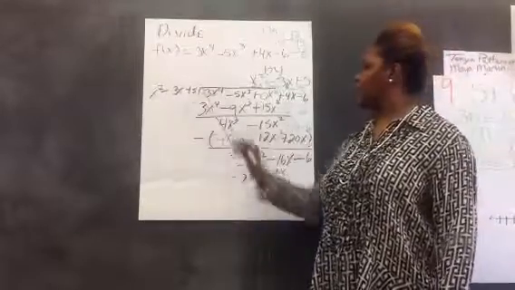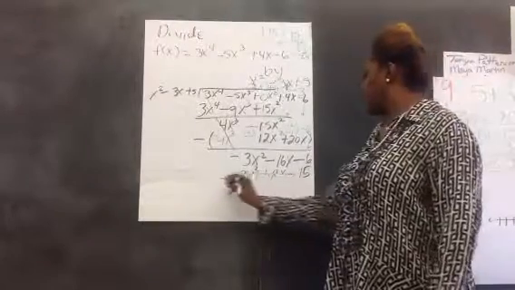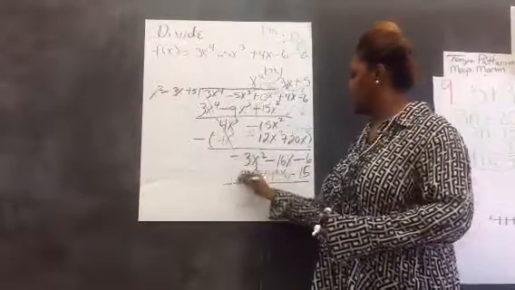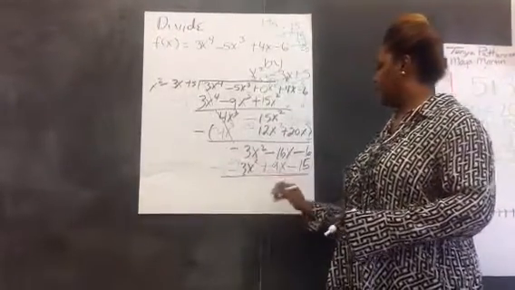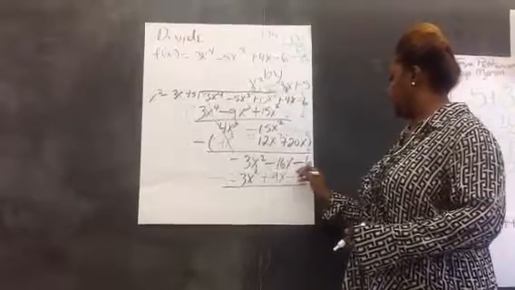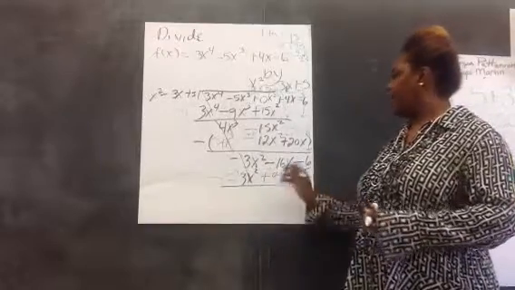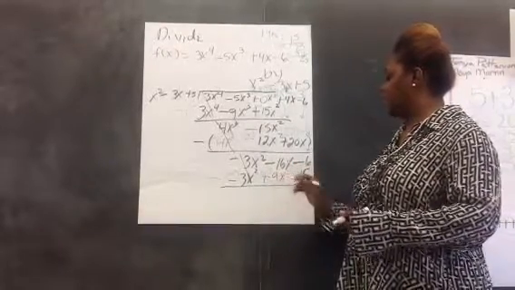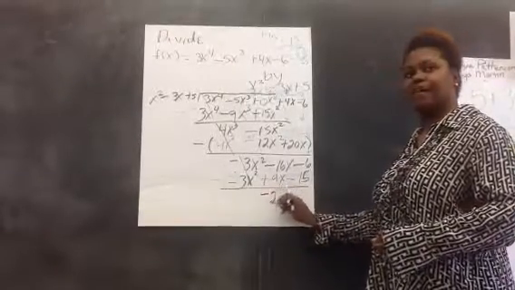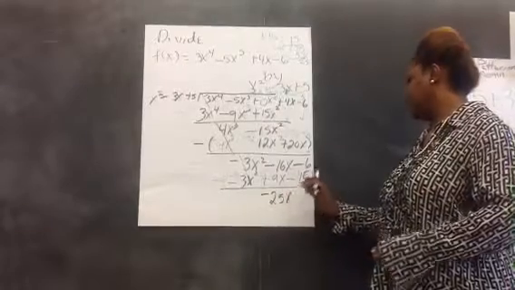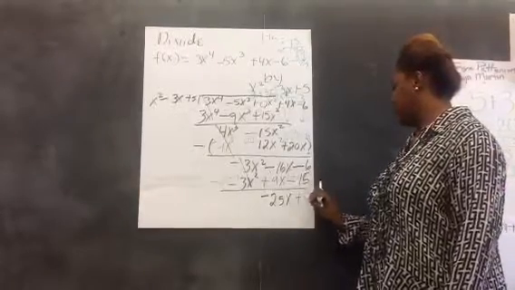A negative 3 times a negative 5, I'm going to get a negative 15. Again, I have to consider changing the sign because I need to subtract every term. That gives me a negative here, a negative here, and a positive here. I'll get to cancel out the 3x squared, a negative 16x and a negative 9x, I'll get a negative 25x. A negative 6 plus a positive 15, I'll get a positive 9.